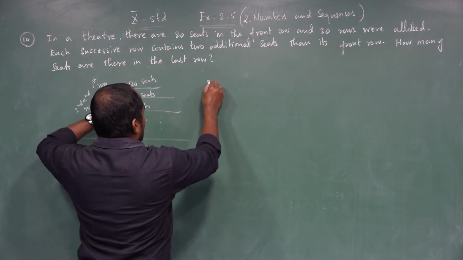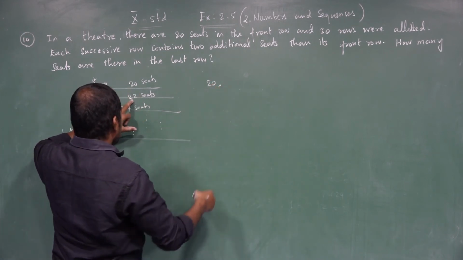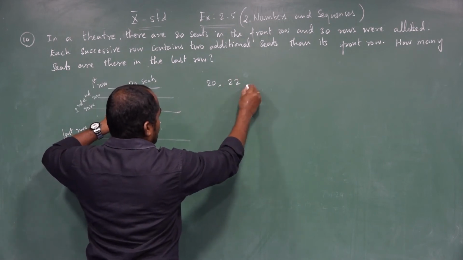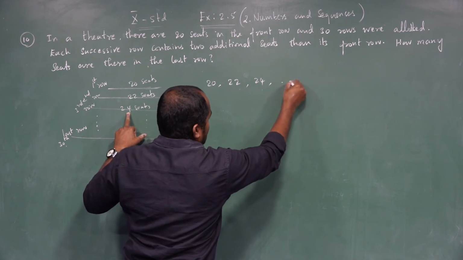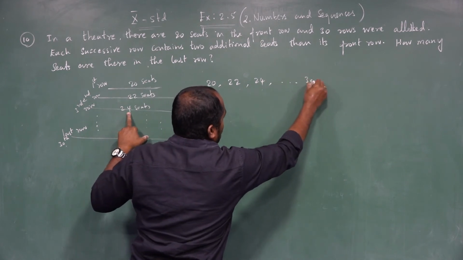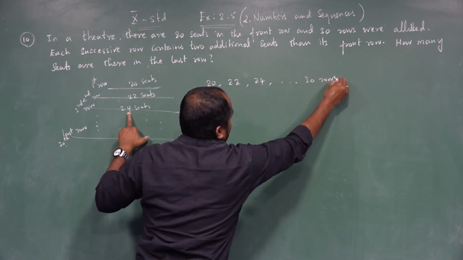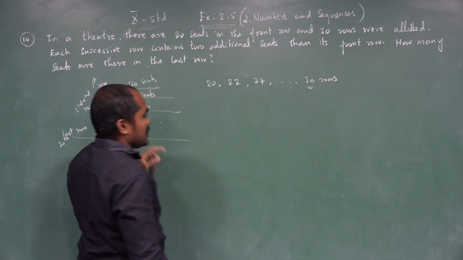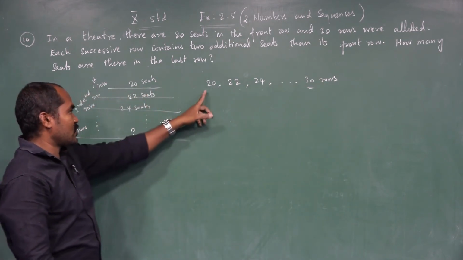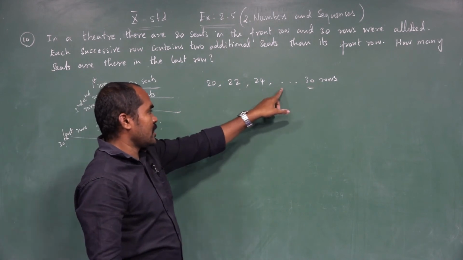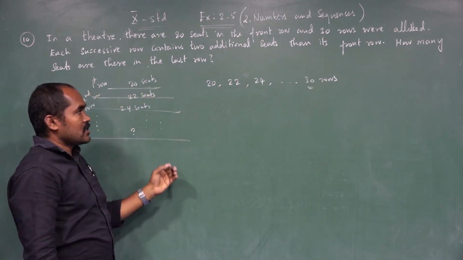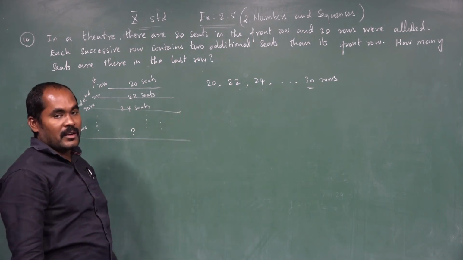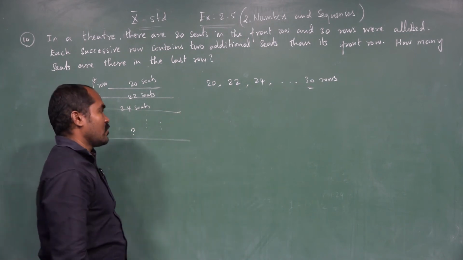Listen, first row contains 20 seats, second row contains 22 seats, third row contains 24 seats, etc. Up to 30 rows are there. Not 30 seats, there are 30 rows. First row, second row, third row, etc. up to 30 rows. So you want to find how many seats in the 30th row.